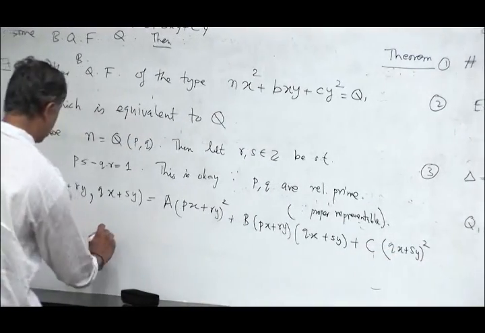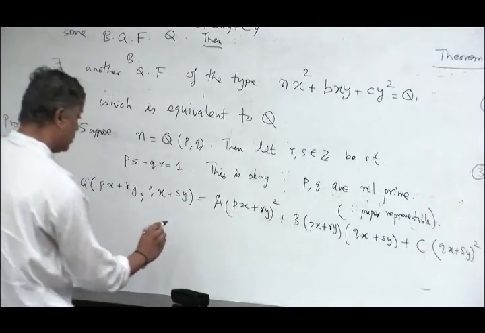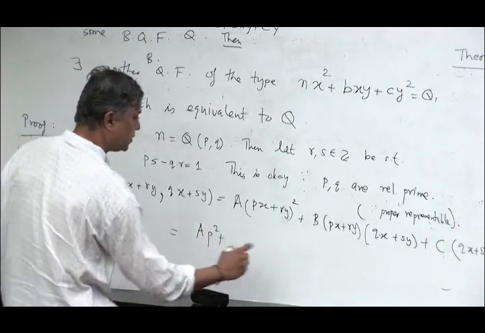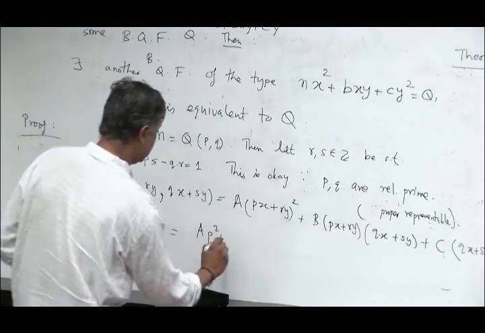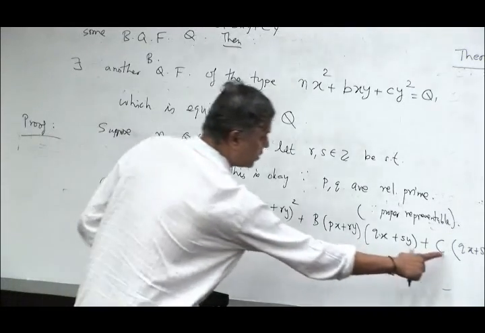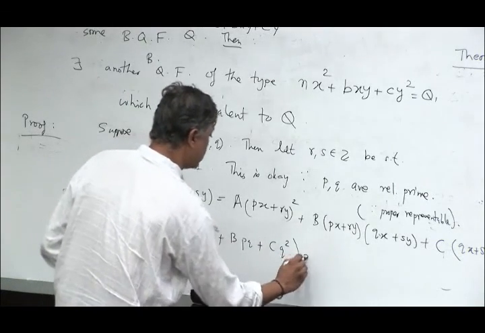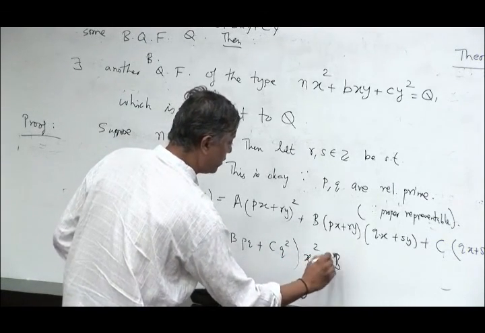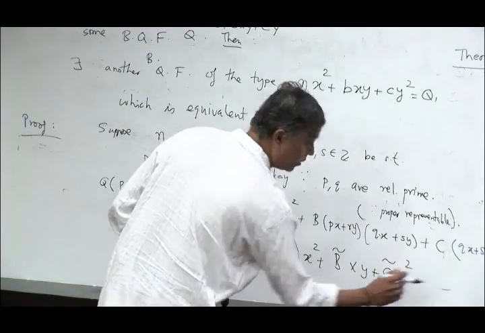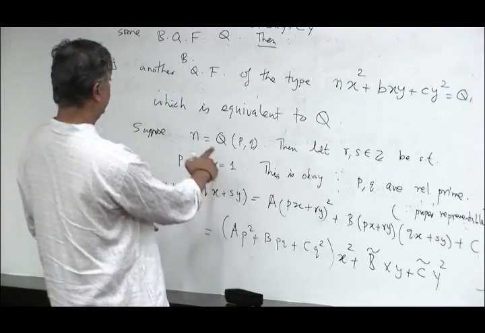And now if I expand this out, let's just look at the x square coefficient. You get a p square plus b p q plus c q square x square, plus I don't care xy plus again I don't care y square. Yeah, and now this guy is what we had.